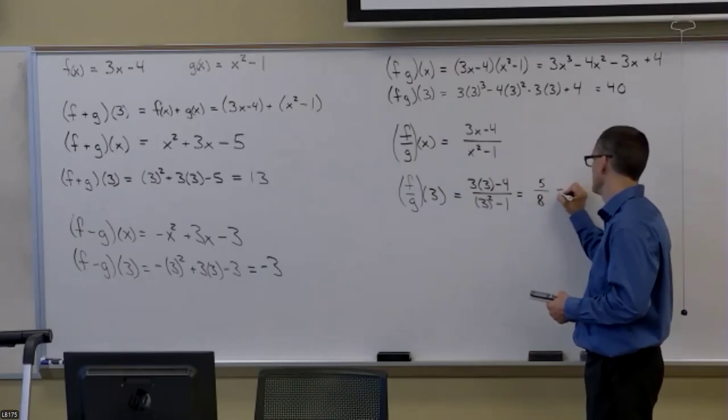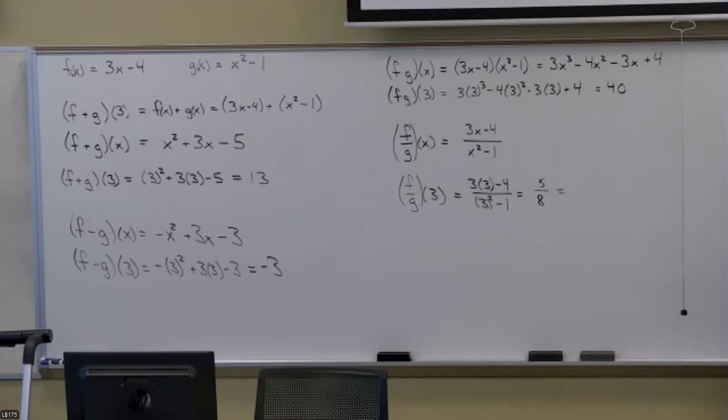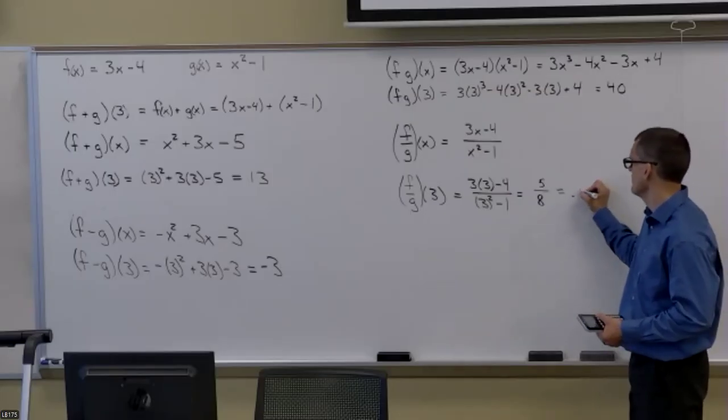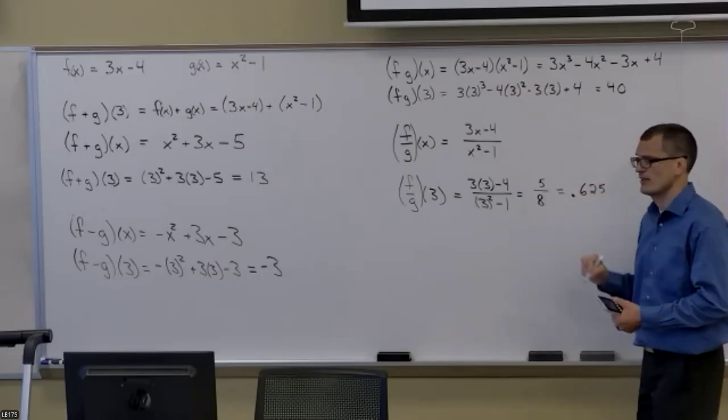Sorry. What is 3 squared minus 1? It's 8. So 5/8. By the way, that's 0.625 in decimal. Doesn't matter which way you write that at this stage. That's not the point.